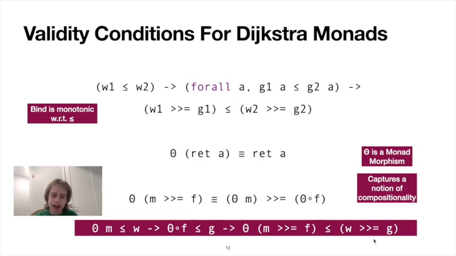You can prove that by first proving that theta m refines w, or m satisfies w, and then f satisfies g. So this lets you break up your program into two parts and your specification into two parts and write two, in effect, smaller proofs to build them up into this bigger proof.